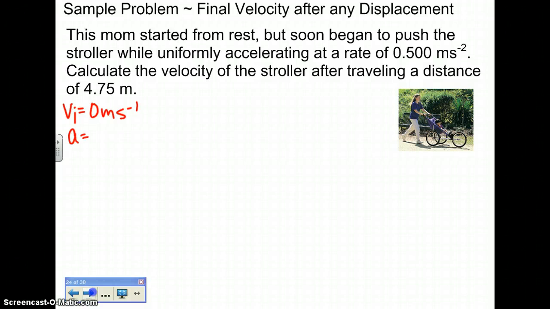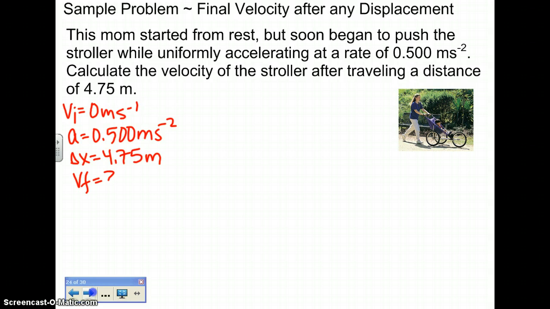Also, your acceleration, 0.500 meters per second squared, and your displacement of 4.75 meters. Calculate the velocity of the stroller after traveling this far. So that would be your final velocity in meters per second.